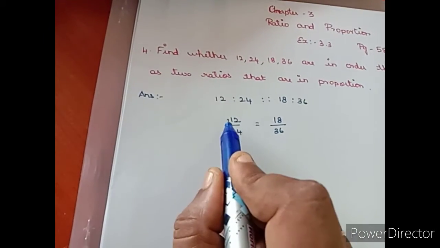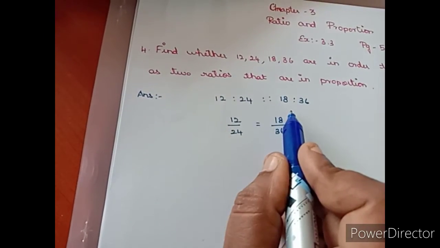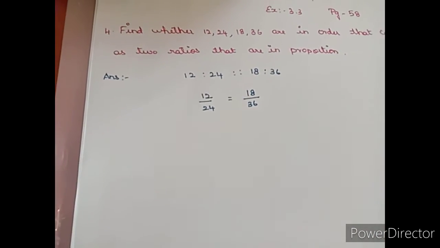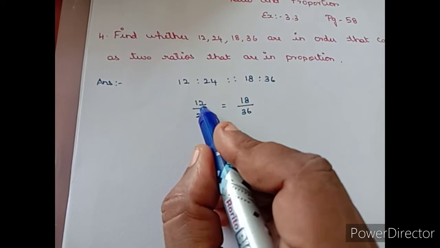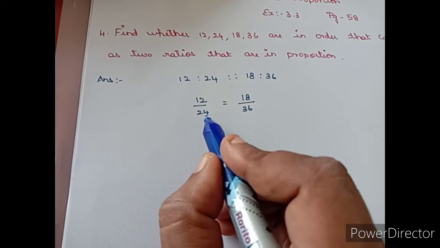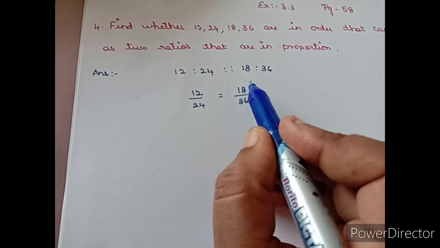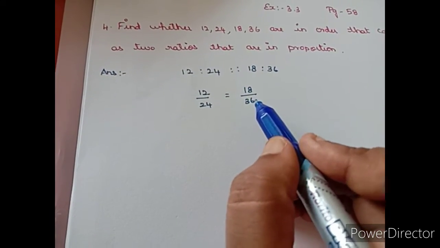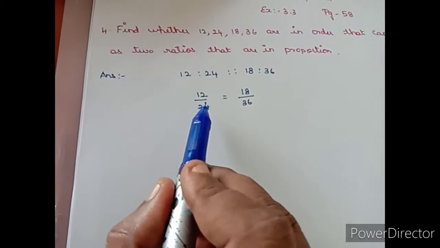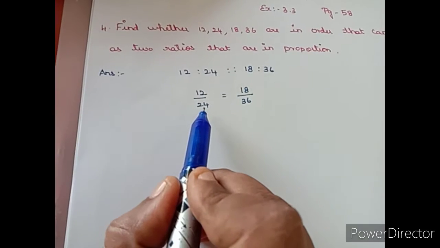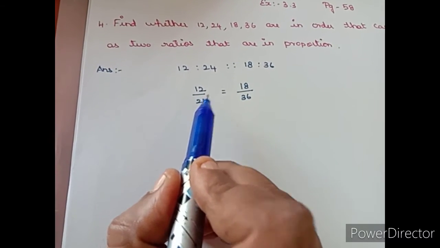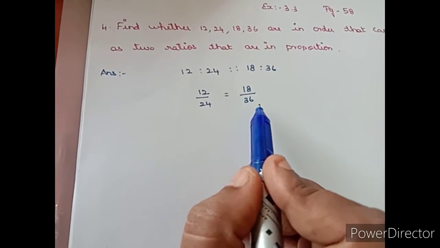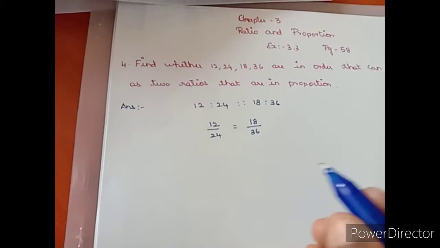You should see all the given numbers are divisible by a single multiple. 12 ones are 12, 12 twos are 24. 18 ones are 18, 18 twos are 36. Or in the 3 table, 3 fours are 12, then 3 eights are 24, 3 sixes are 18 and 3 twelves are 36. So it is coming.